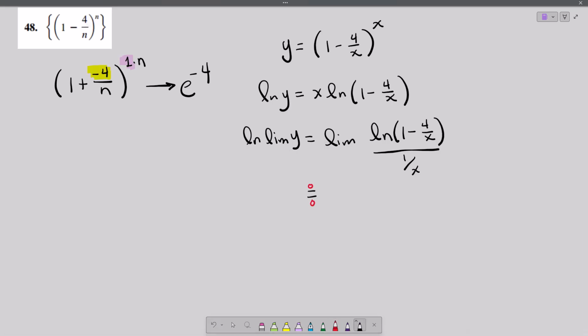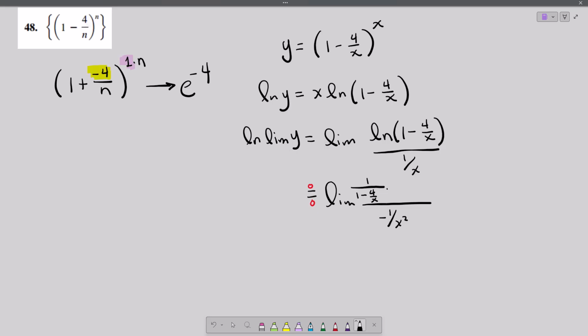That's 0 over 0. So we're going to take the quotient of derivatives. The derivative of the bottom, again, we're seeing this pattern, is negative 1 divided by x squared. Up top, the derivative of a log is 1 over the inside multiplied by the derivative of the inside. The derivative of 1 is 0.